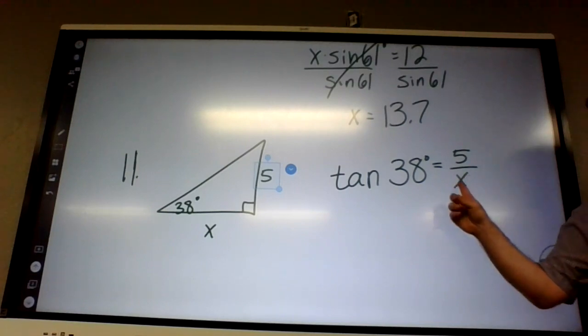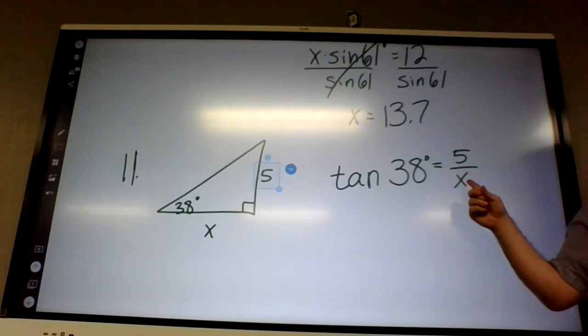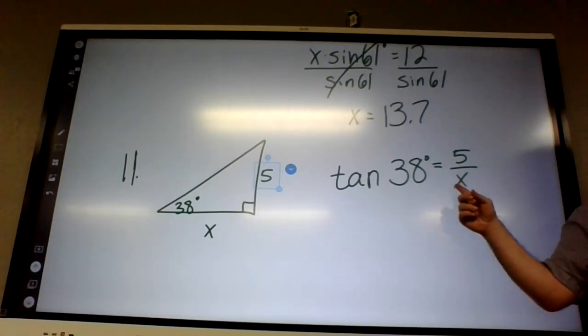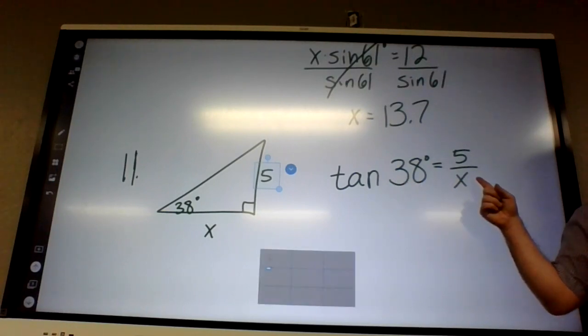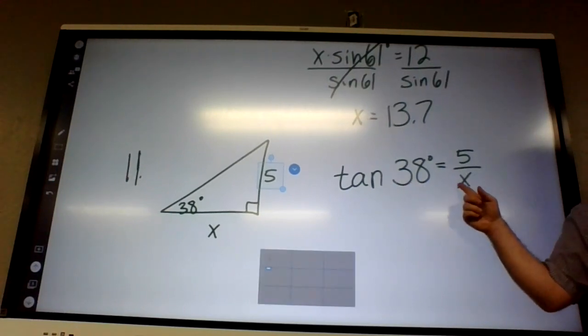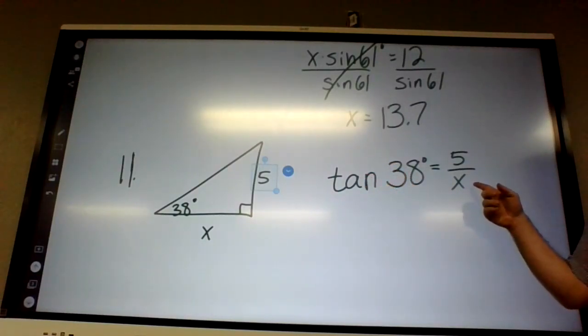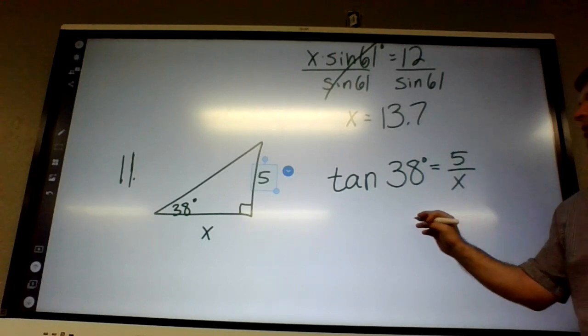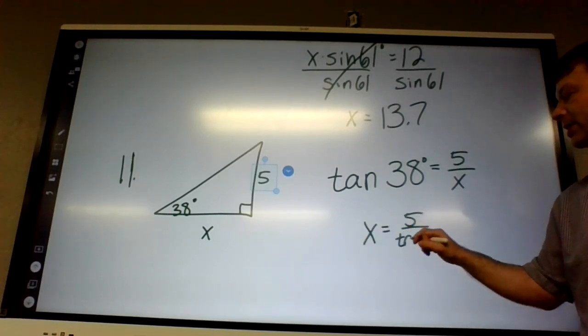All right, so x is on the bottom again. You guys see what happened last time? Basically, the x went up here, and the tangent of 38 went down here. We multiplied by x to move it up, and we divided by tangent of 38 and it moved down. So x equals 5 divided by tangent of 38.